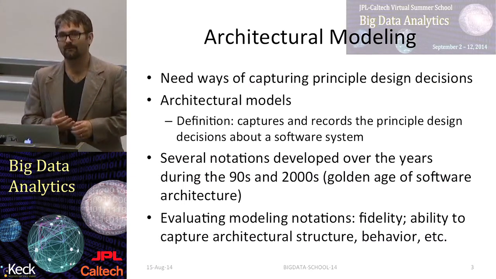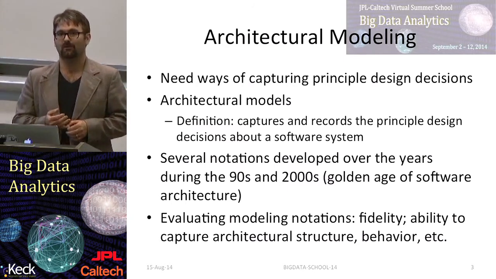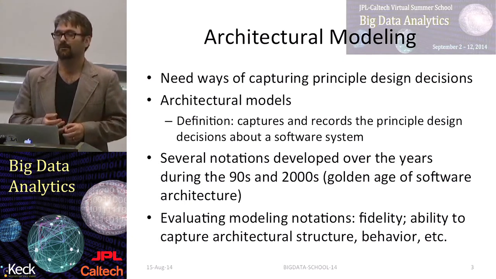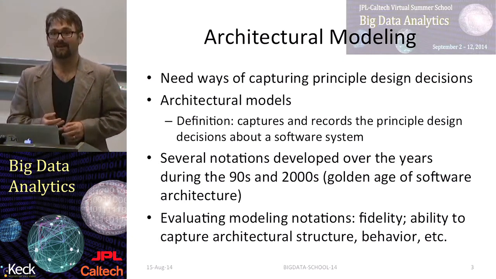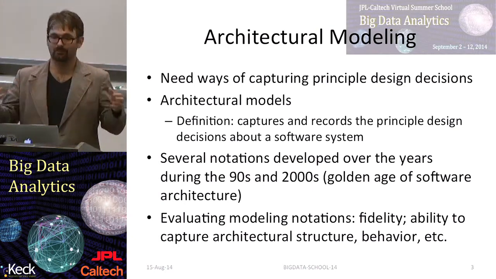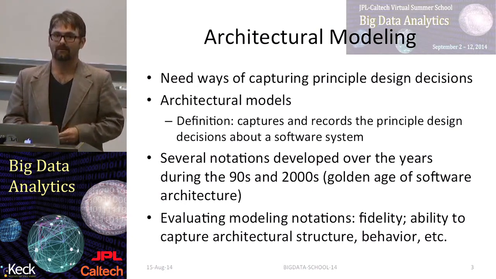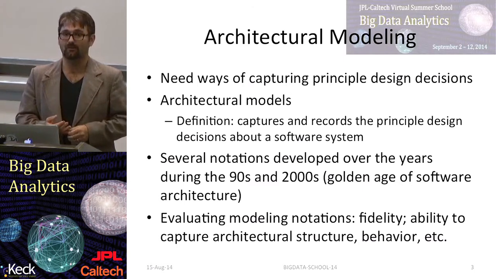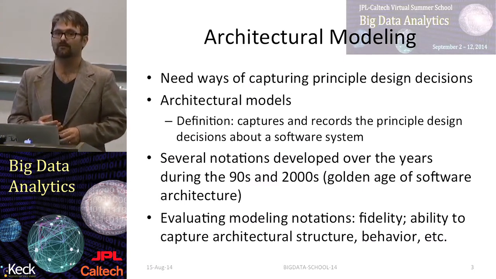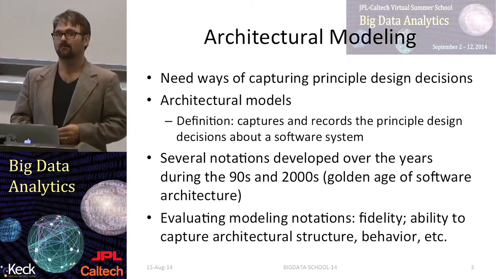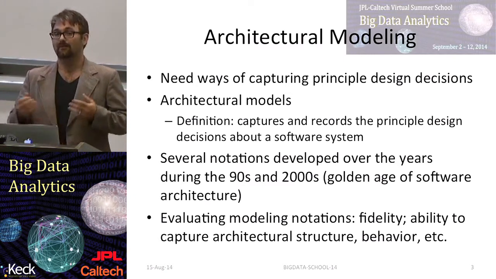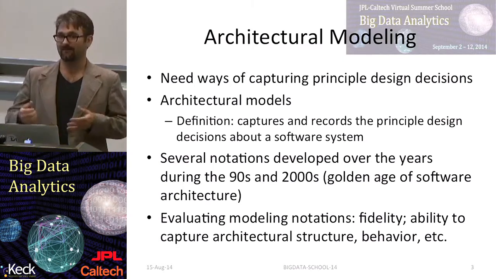There were several notations developed to capture architectural models and instances of architectural models. Probably the most popular, which you are all familiar with, is UML. If you take an undergraduate course in software engineering, you've been exposed to UML. A lot of times, if you take graduate courses in this, you're exposed to UML. There are derivatives of it nowadays, such as SysML, the systems engineering modeling language, and a number of other modeling languages that end in ML for modeling language.